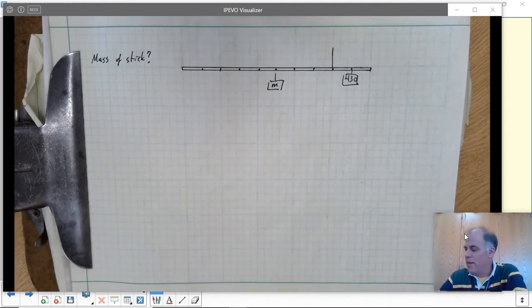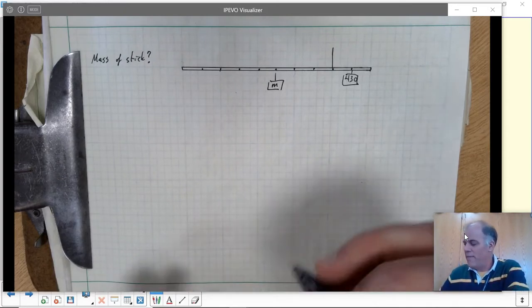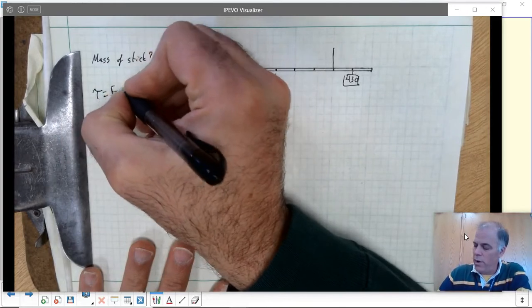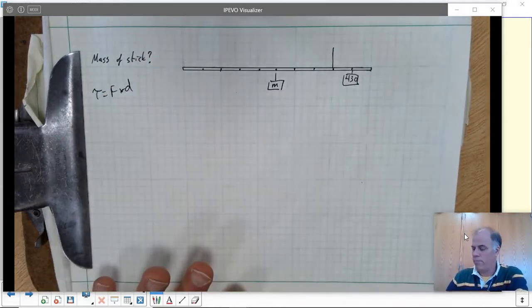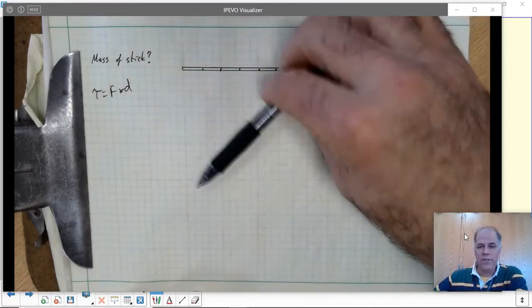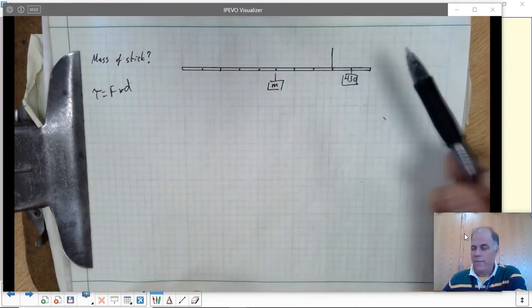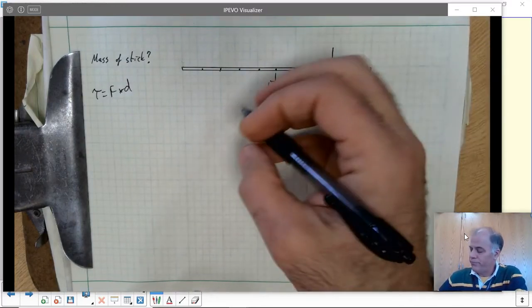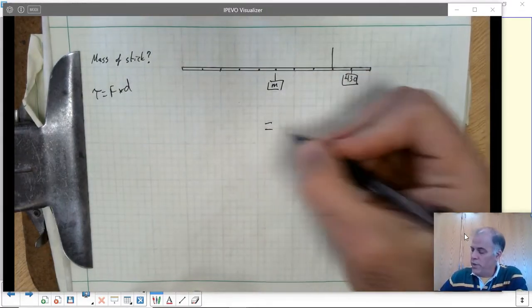Okay, we're back, and let's see if you got the right answer or see if we can get you unstuck here. All right, so as we know, torque is equal to force times distance, and the torque on this side of the pivot point has to be equal to the torque on this side. So we're going to set those equal to each other.